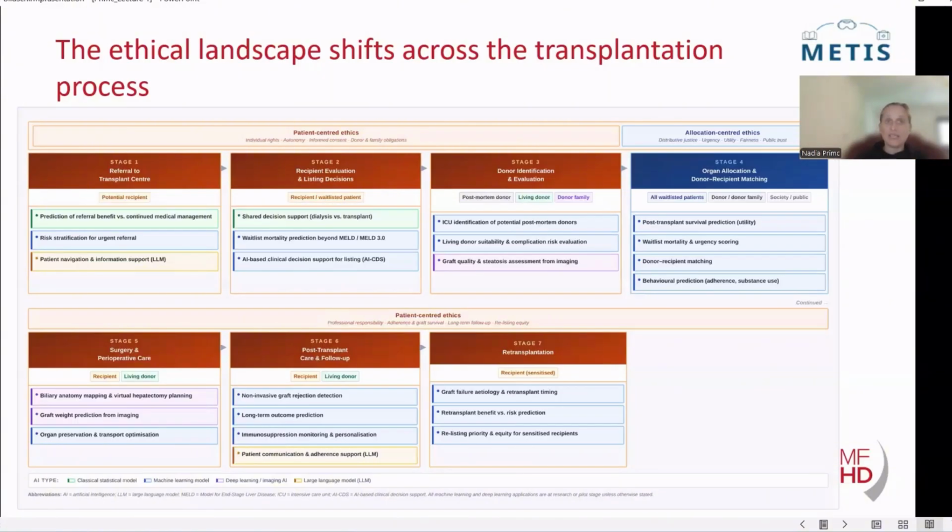And the primary obligation here is not just to any individual patient, but to the fairness of a system that distributes a scarce, non-replaceable resource across potentially hundreds of competing patients. Therefore it is called an allocation-centered ethical framework. And after that, at the surgical and post-operative stages, the ethical focus returns to the individual patient, to the patient-centered ethical frameworks. And it is now centered on professional responsibility, the quality of care delivered by the clinical team.